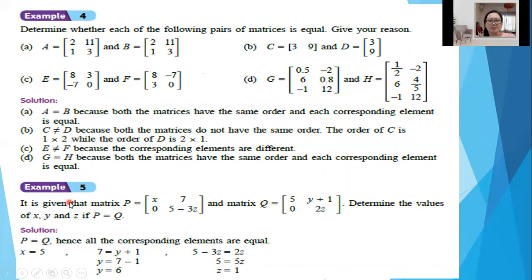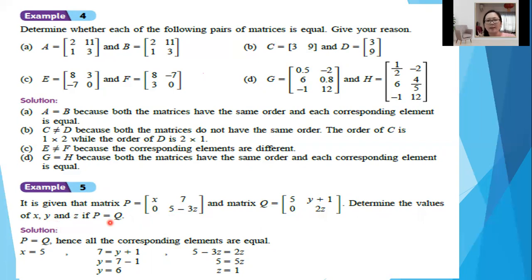Okay, let's look at example 5. It is given that matrix P equals X, 7, 0, 5 minus 3z. And matrix Q equals 5, y plus 1, 0, and 2z. Determine the values of x, y, and z if P equals Q. So what is meant by P equals Q? Remember, they have the same order and same corresponding elements.